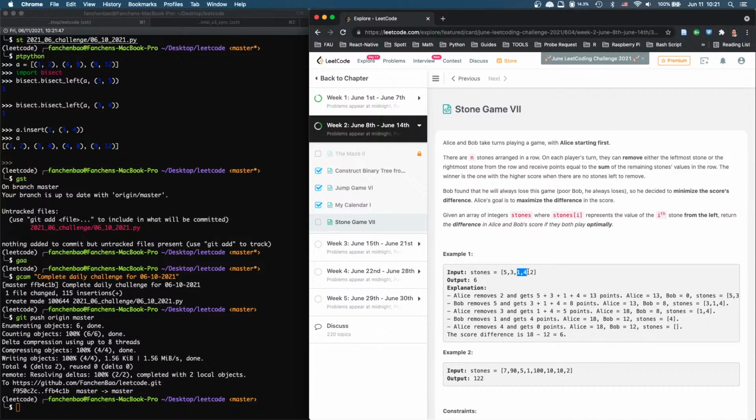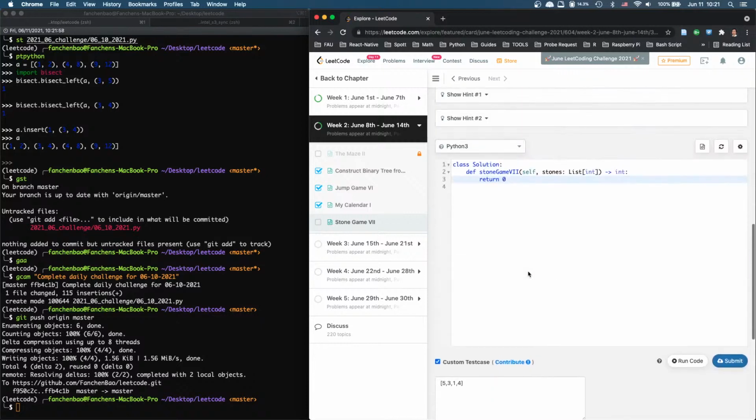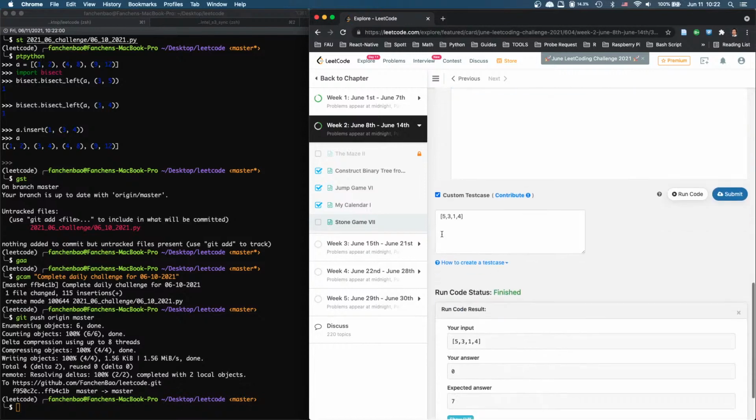If it's an odd number, then Bob picks 2. If it's an even number, Alice is going to pick 2. That's where we start. So when we're given this, it's even, so we know Alice is going to pick 2.